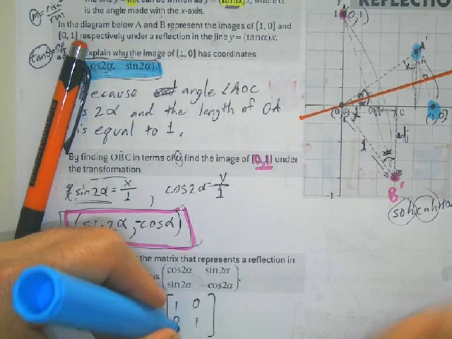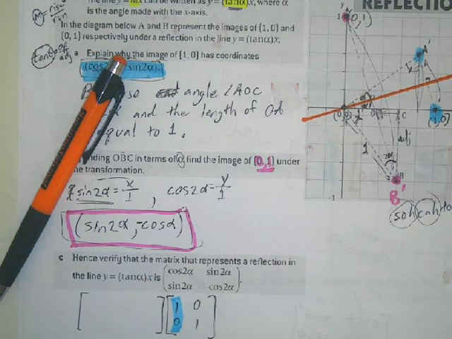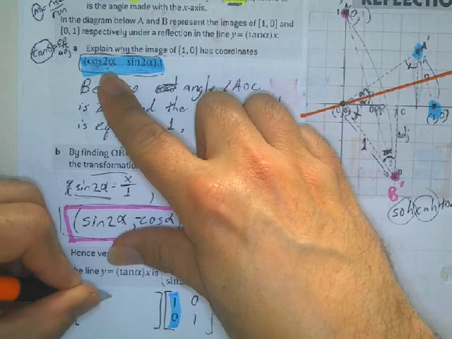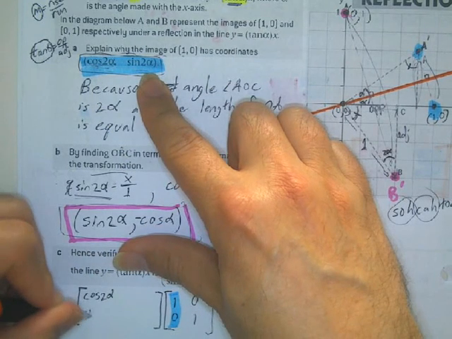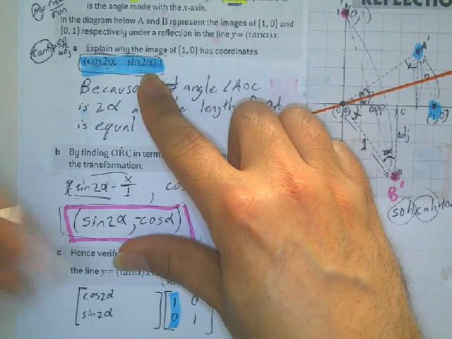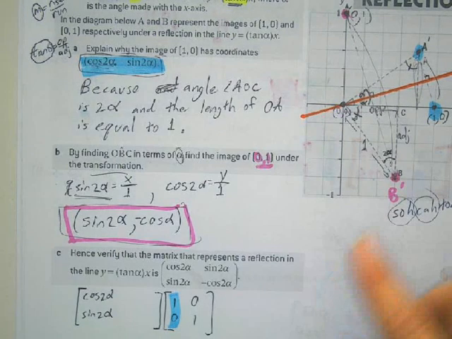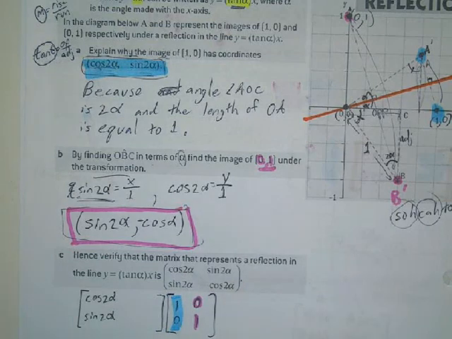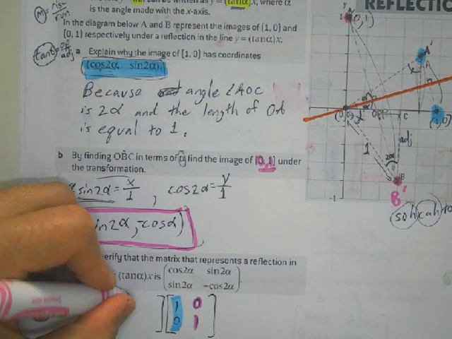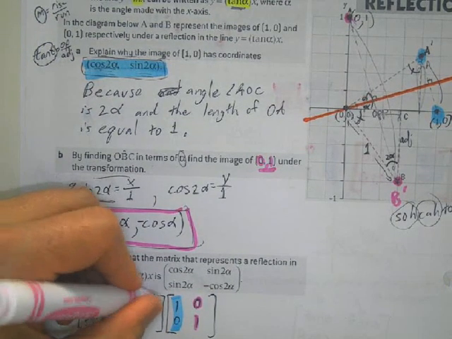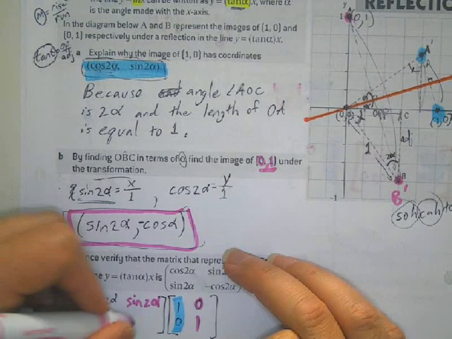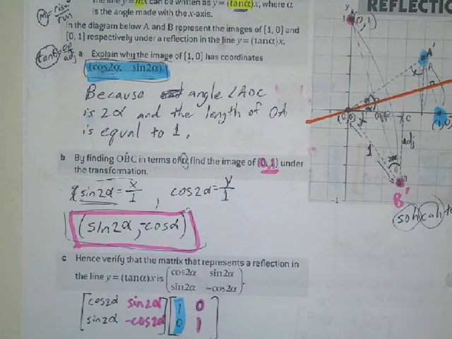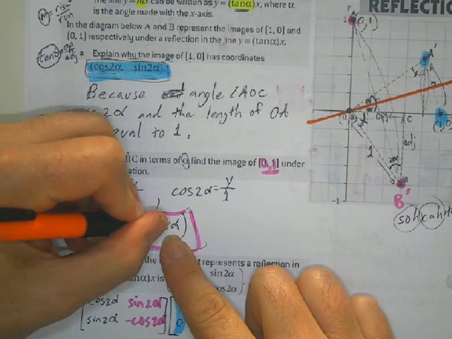The (1, 0) is translated to cosine 2 alpha, sine 2 alpha, and (0, 1) is translated to sine 2 alpha and negative cosine 2 alpha. Oops, I should have put a 2 here. Oopsies.